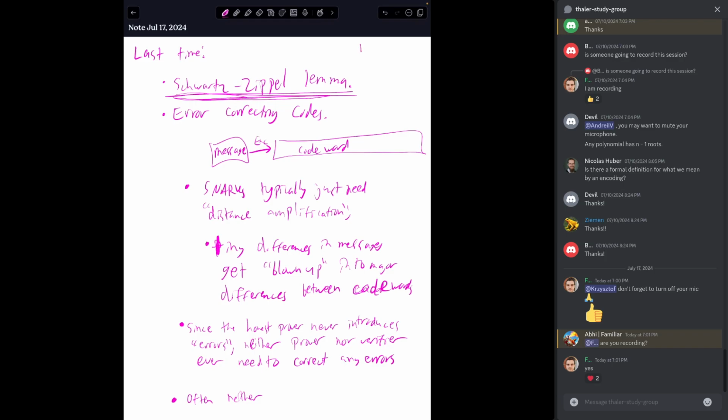So specifically, if P and Q are two multivariate polynomials of total degree D, and we discussed last time what total degree means, and P does not equal Q, then if you pick a random input from any product set, say S to the M, where M is the number of variables of P and Q, and S is any subset of the field that P and Q are defined over, and you evaluate P and Q at that random point, the probability they agree is at most their degree over the size of the set S that each entry of the random point was chosen from.